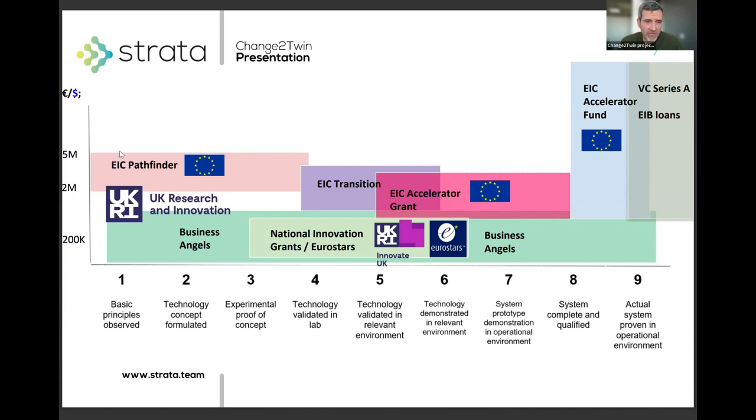Especially the Pathfinder is quite popular. It finances research projects with up to 5 million euro. The EIC Transition also finances with several million euro technology transfer projects. And we have probably the most popular one, the EIC Accelerator, that typically goes from technology readiness level 5 to 8.